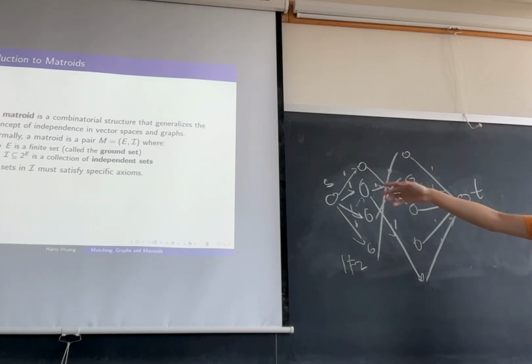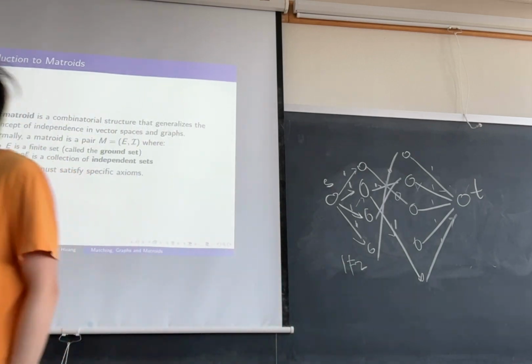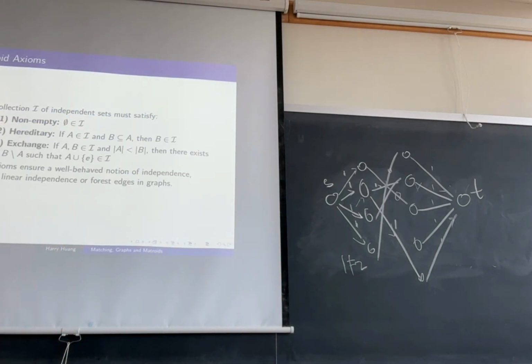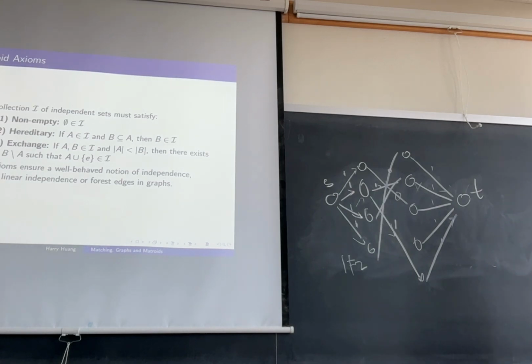So we'll give a definition of a Matroid here. A Matroid consists of a finite ground set and a collection of subsets of the power set of the ground set. This is very similar to the definition of a topology, if you know the definition of topology. And it also has some axioms. There are 3 axioms for the Matroid.